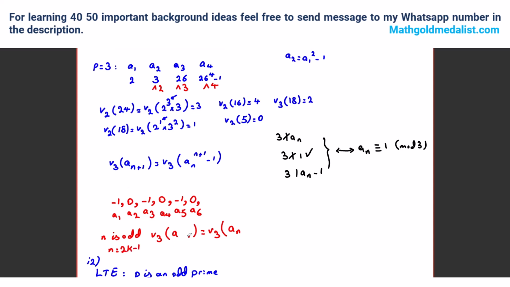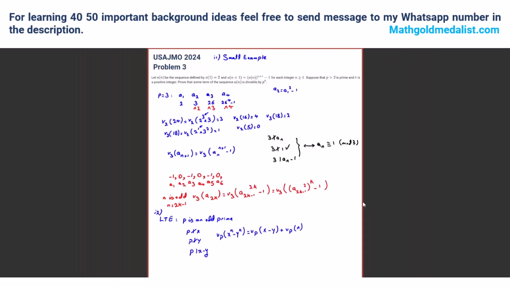Okay, so let's write v3 of a 2k is equal to a 2k minus 1 to the power of 2k minus 1. And we know a 2k minus 1 is negative 1. So if we consider v3 of a 2k minus 1 squared to the k minus 1, then this part is 1. You can call this one, for example, x and this one y.